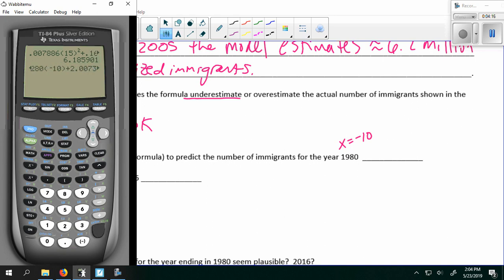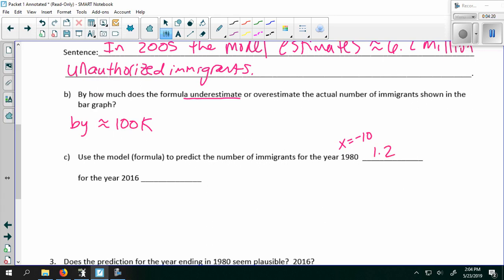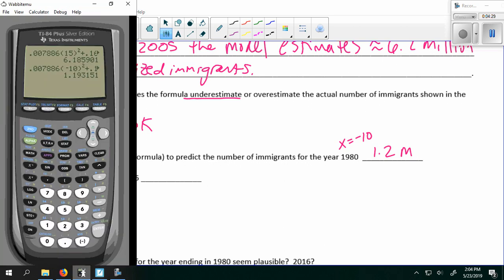All right, and enter. And I get about 1.2 million. And 2016, that is 26 years after 1990. So I'm going to plug 26 in. Replace all these -10s with 26s. And I get 11.5 million.